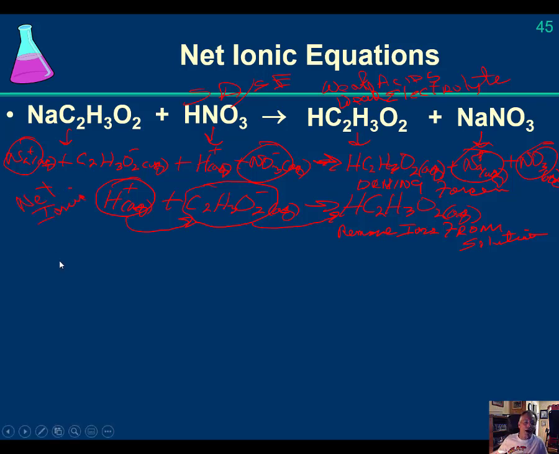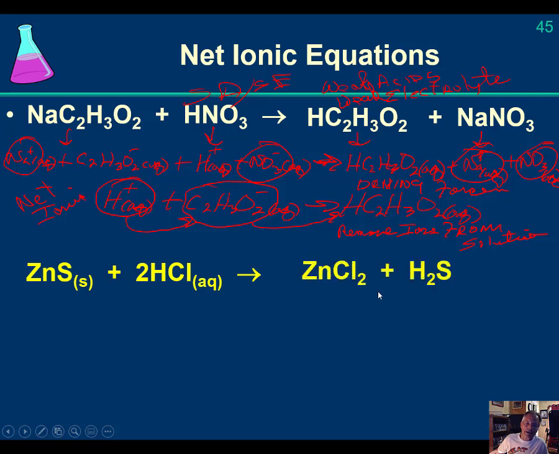All right, let's try a couple other things. One more, zinc sulfide plus a strong acid, hydrochloric acid. This is zinc chloride and hydrogen sulfide gas. Nasty smelling stuff. All right, so here's your molecular equation. We're going to dissociate all your soluble strong electrolytes.